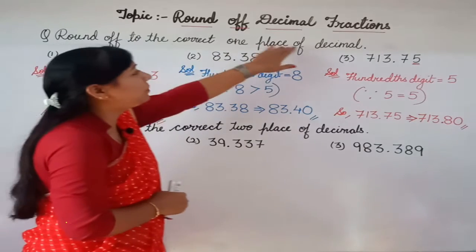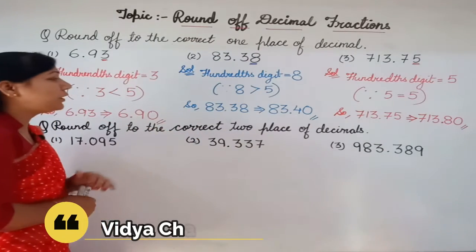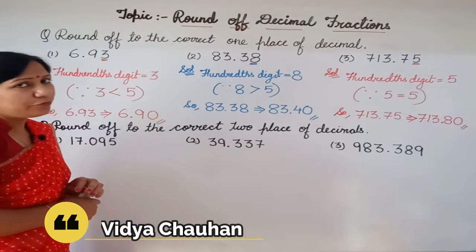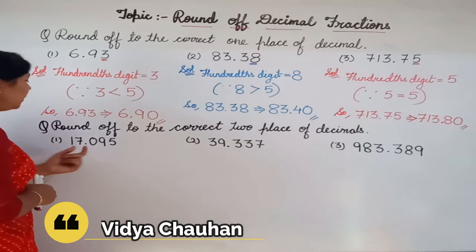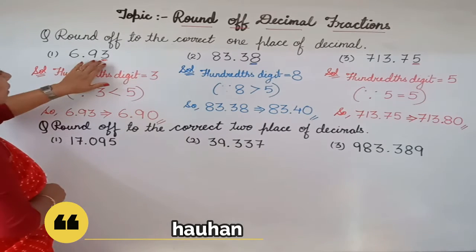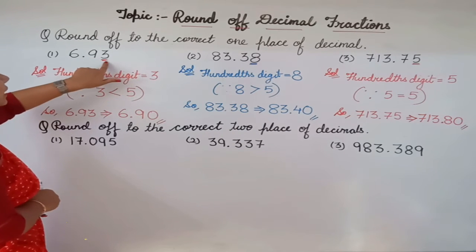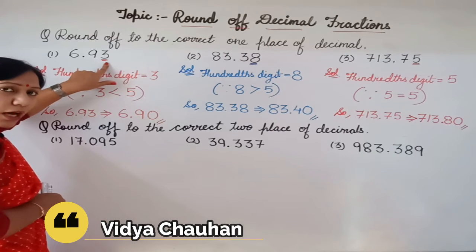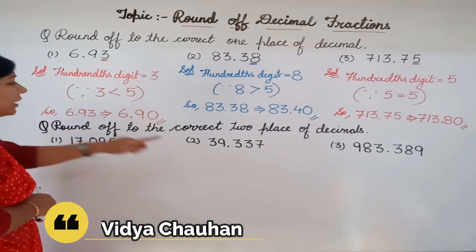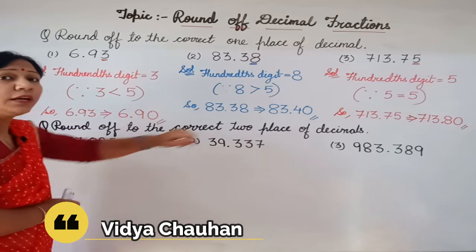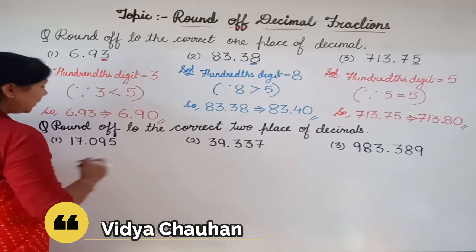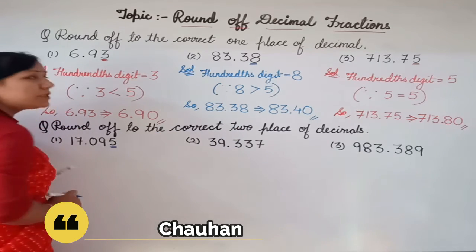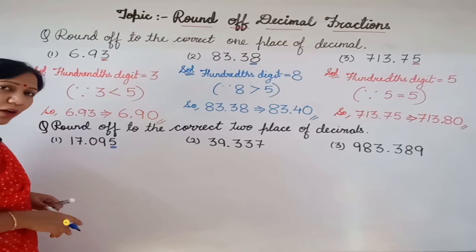Earlier we did 1 place of decimal. When rounding off to 1 place value, we considered the digit at the hundredths place. Now, since we have to go up to 2 decimal place values, we will consider the digit at the thousandths place.